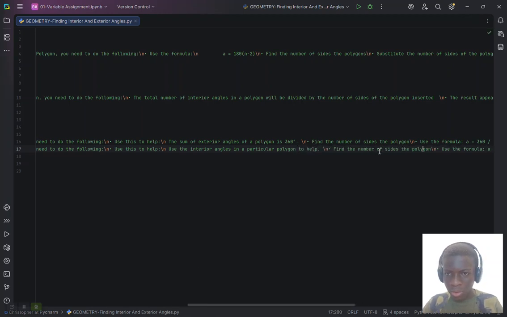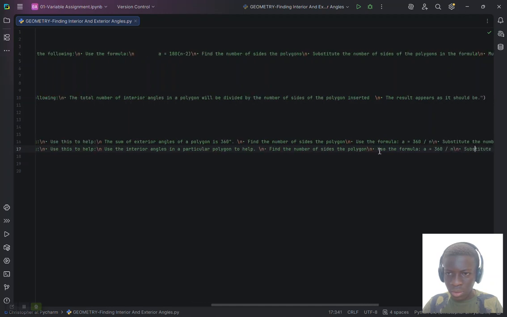To find the exterior angles of a polygon, you use the formula A equals 180 minus n, which will give you the result. Substitute the number of sides of the polygon.